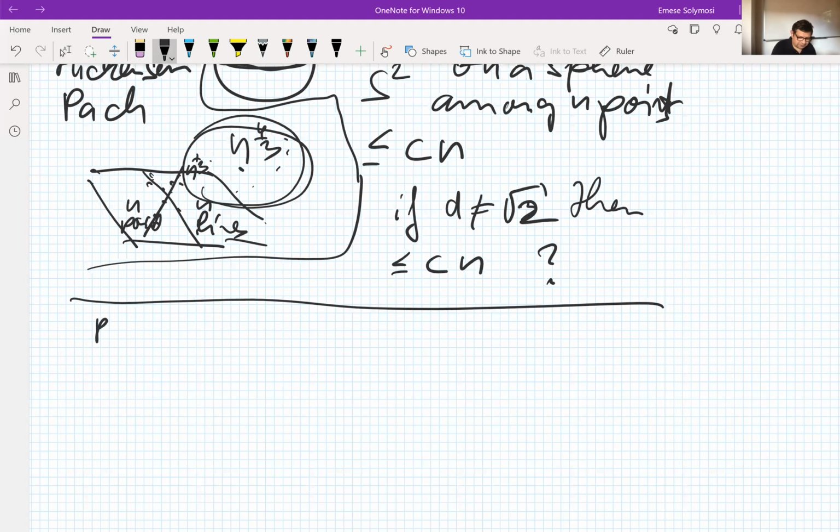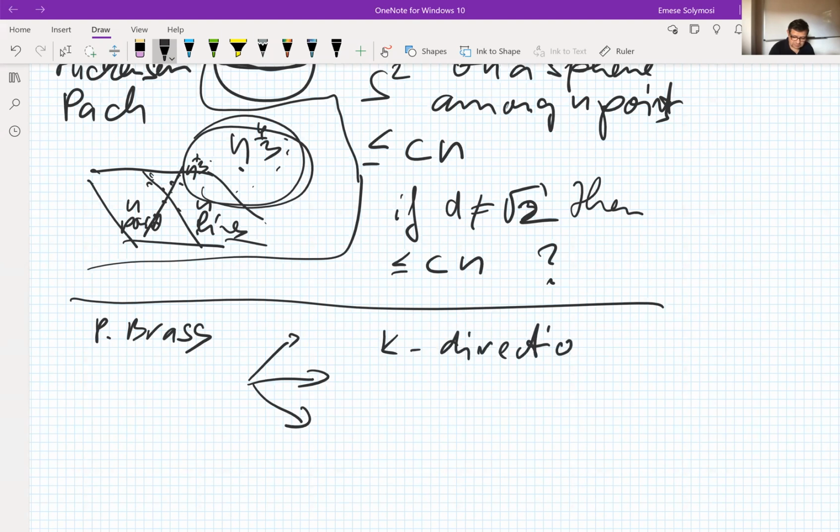The first result was by Peter Brass, who said that if you have only k directions, so you fix these k directions, then in these k directions the number of unit distances is, I don't remember what his result was, but I think it was c times n, but I write here 1 plus epsilon to be on the safe side.